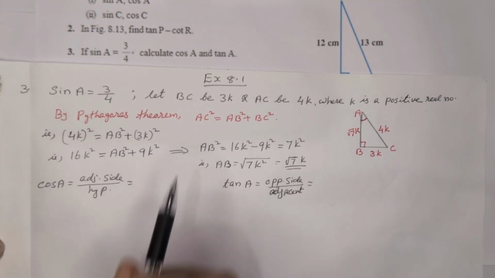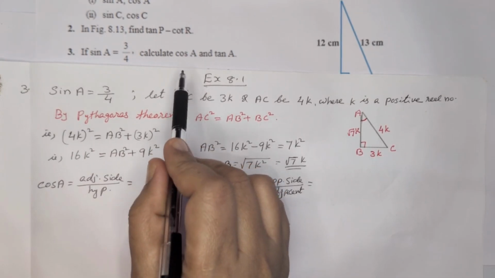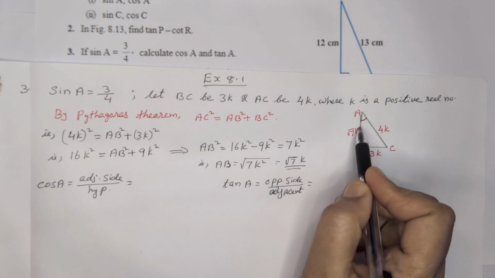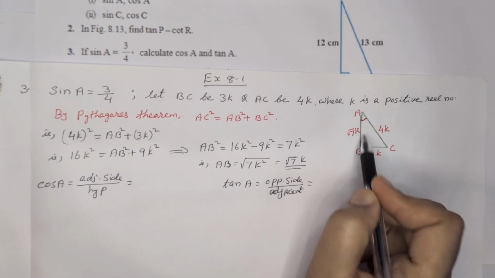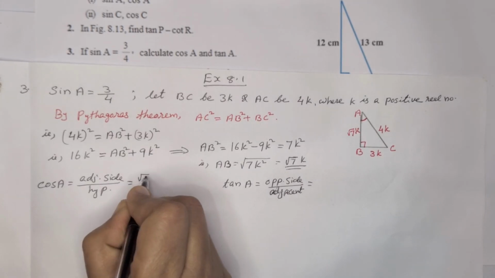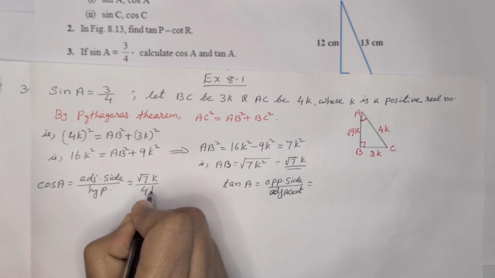Now we have to calculate cos A and tan A. Cos A means adjacent by hypotenuse. Based on angle A, adjacent side is root 7K, that means AB, by hypotenuse, root 7K by 4K. Hypotenuse is 4K.